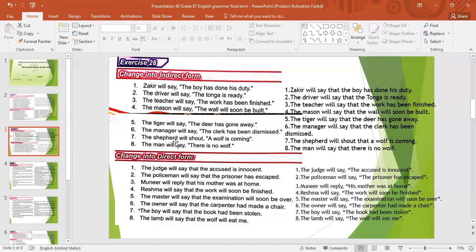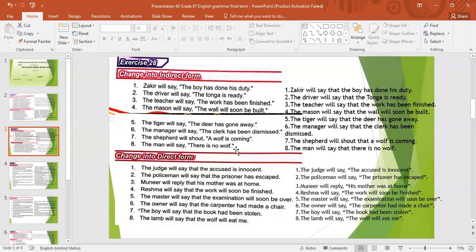Number 7, the shepherd will shout, "A wolf is coming." This is direct speech. The shepherd will shout that a wolf is coming. Just putting that in the sentence and it will become indirect speech. Number 8, the man will say, "There is no wolf."